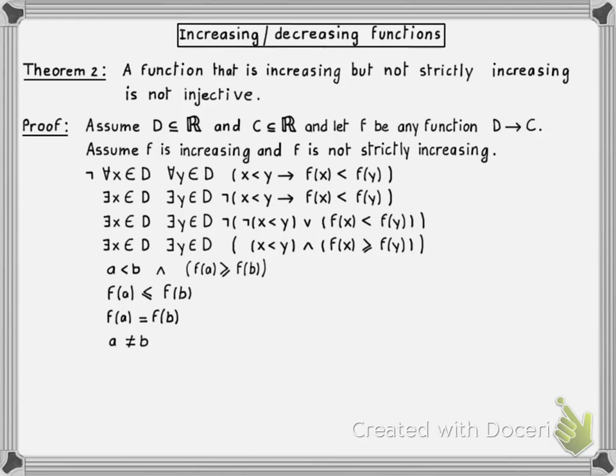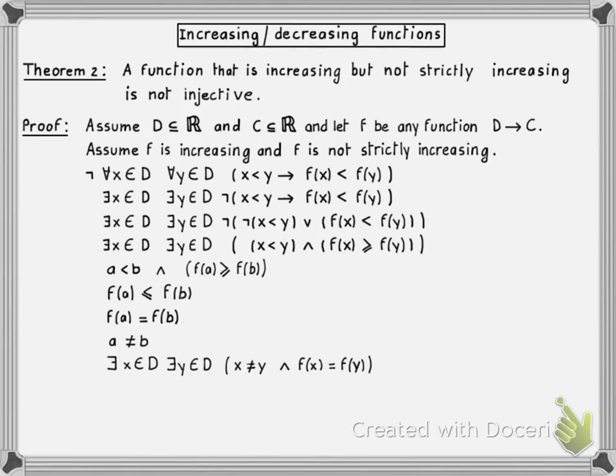But since a and b exist, we can apply existential generalization twice to infer that then there must exist an x and there must exist a y in the domain such that x is different from y and f of x is equal to f of y.